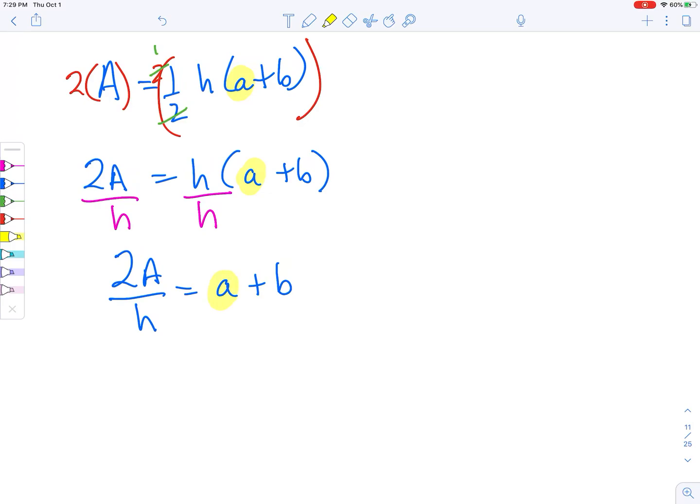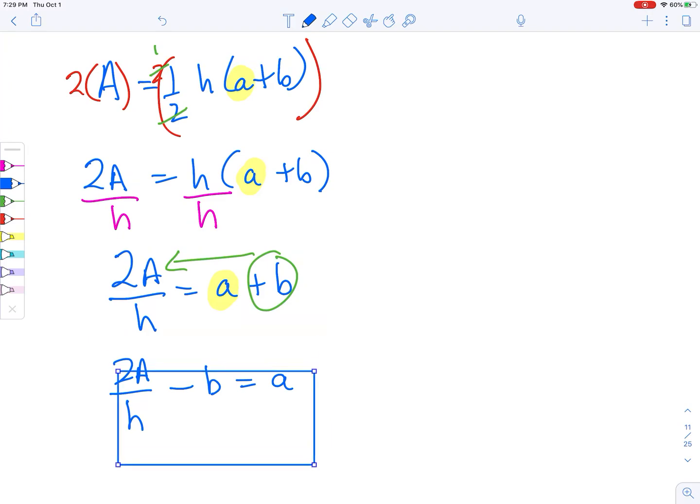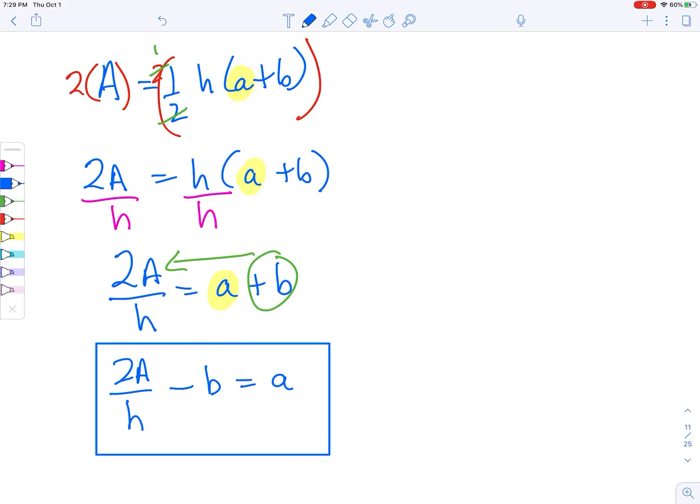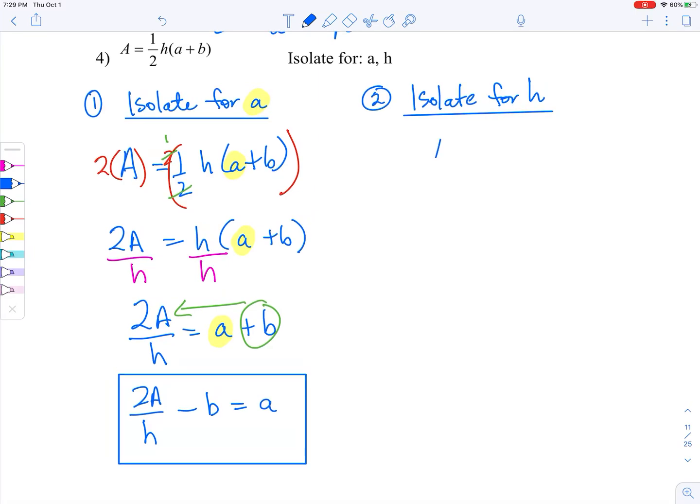I still want a by itself. We have plus b on this side. It's going to move to the other side and turn into subtracting. So 2A over h subtract b equals a. And that's the first one isolated.